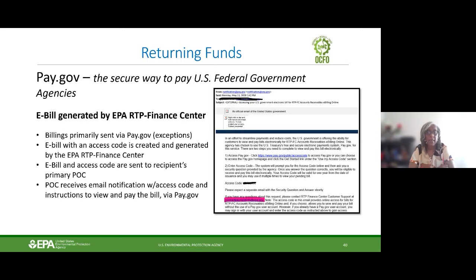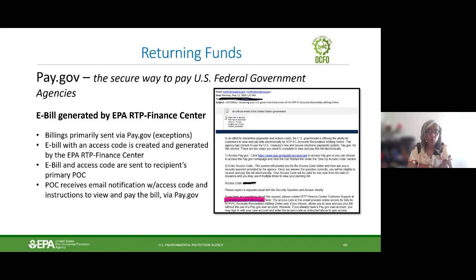Also, at that time, an access code will be created and generated by us. The access code, along with the e-bill, will be sent to the recipient's primary point of contact.